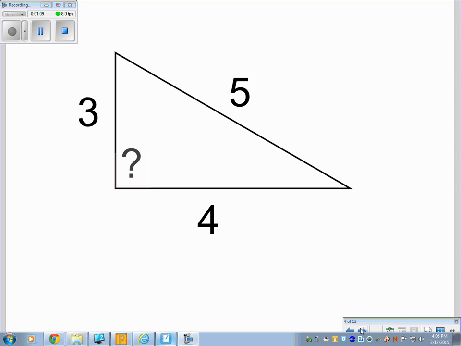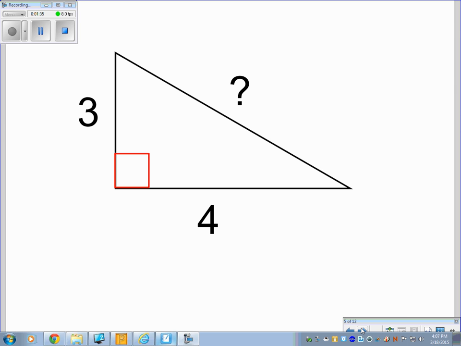We didn't know whether it was a right triangle, and we had to use the Pythagorean theorem to find out. The next one we looked at, we were told it was a right triangle, but the length of the hypotenuse was missing. We had to solve our equation for c and take the square root of the two squares we added together to find c.